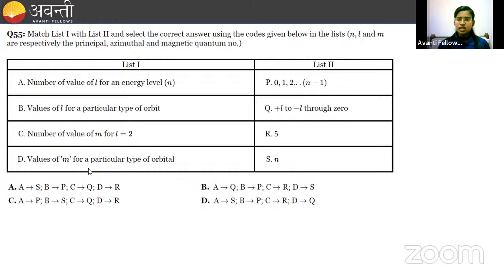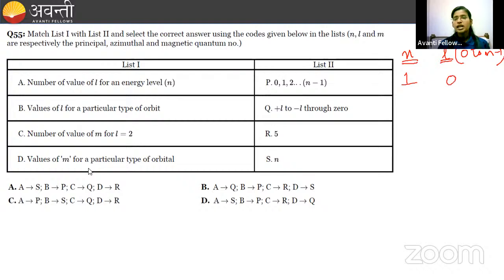Suppose I am having the energy level as 1. Okay, if the n value is equal to 1, l can have values from 0 to n minus 1. So if the value of n is 1, then l can have values from 0 to 1 minus 1, which is actually 0.